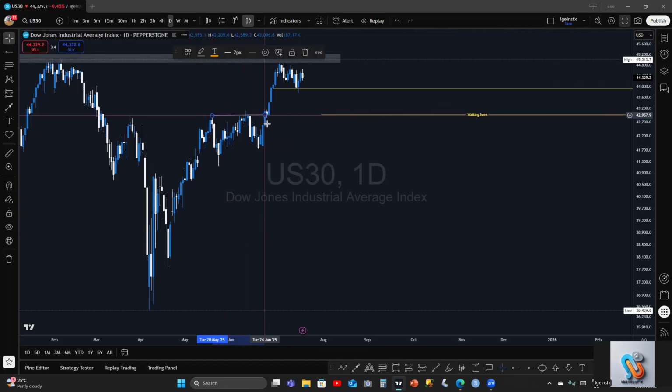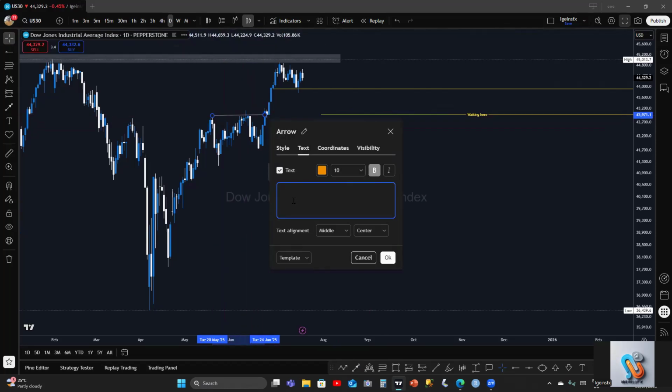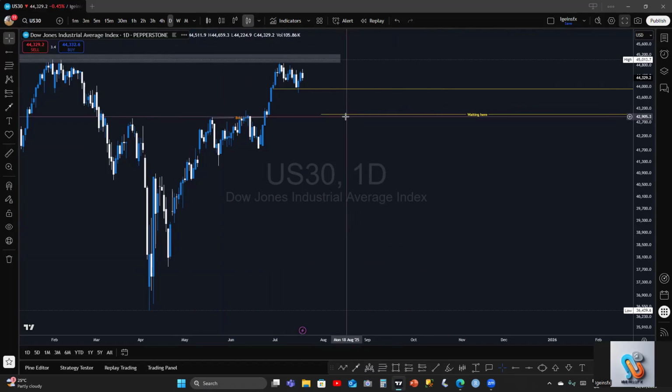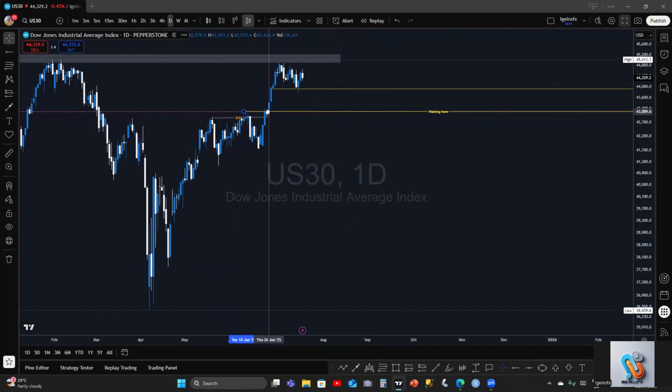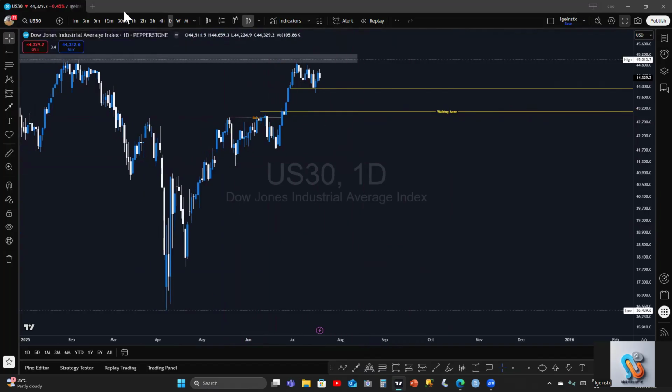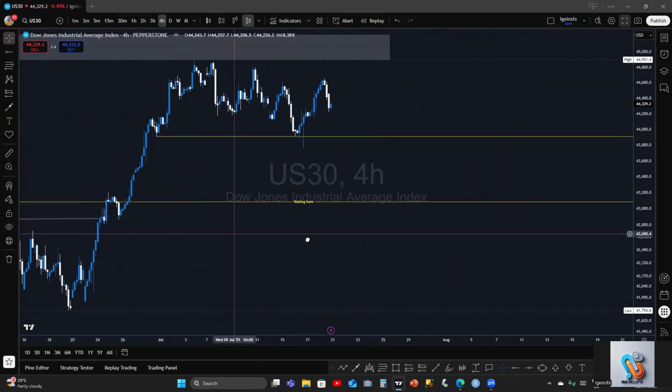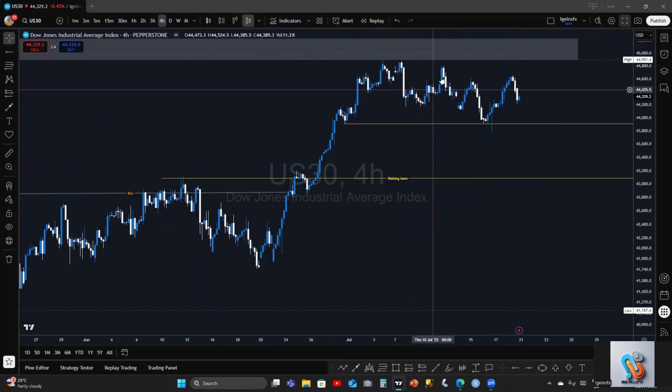A break of structure right here. Now, this break of structure, what we need to do is scale down to the 4 hours. Now that we have scaled down to the 4 hours, you can see very clearly that price is breaking structure to the downside.